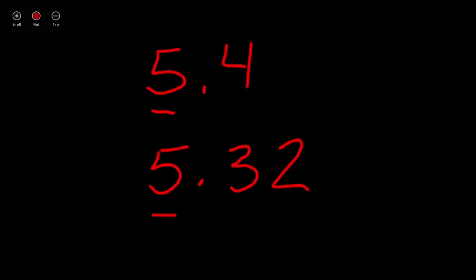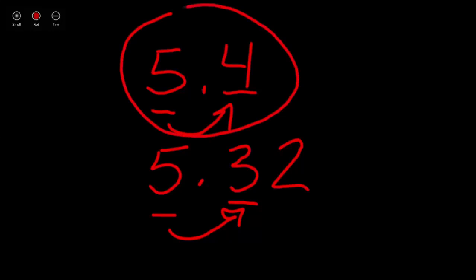That digit or that number is the same. So let's move to the next place. Now we see a 4 in our tenths place on the top number and a 3 in our tenths place in the bottom number. That 4 in our tenths place in our top number tells us that this number is larger. 5 and 4 tenths is larger than or greater than 5 and 32 hundredths.